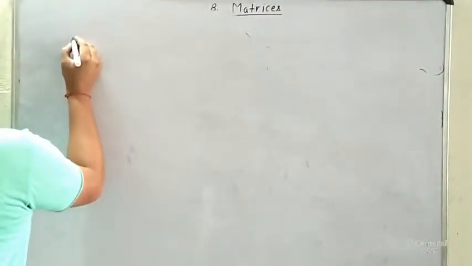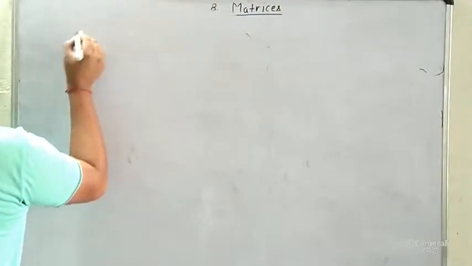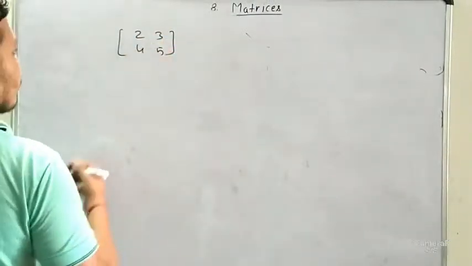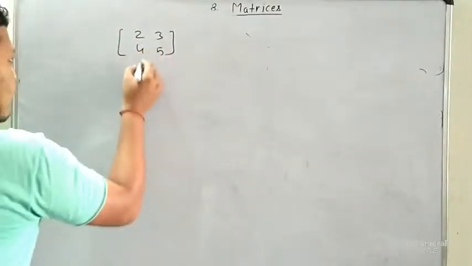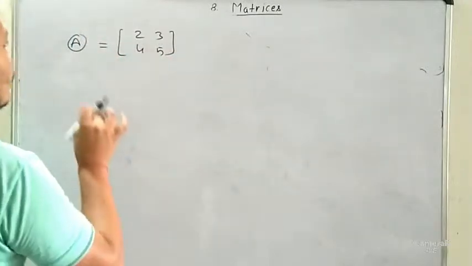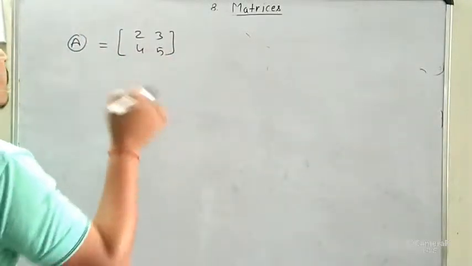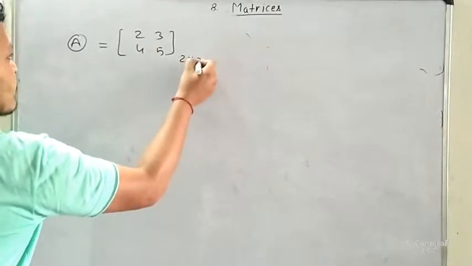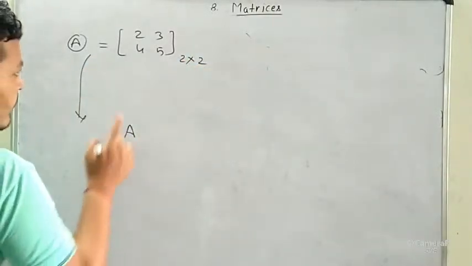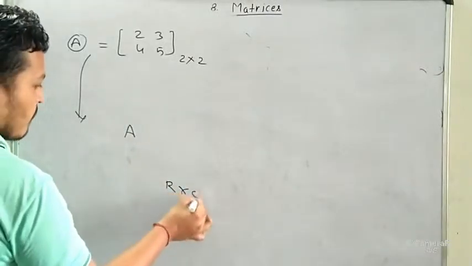And one more thing. Let's suppose a matrix is 2 3 4 5, and it is equal to A, meaning matrix A is represented as 2 4 3 5, and the order of this matrix is 2 by 2. We can also write it as A, their order is R into C, row into column.